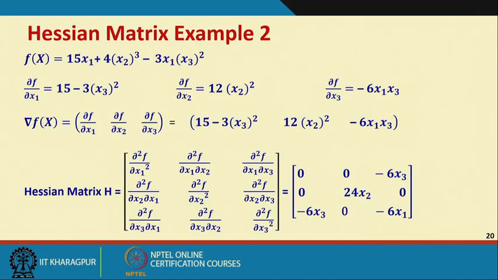The Hessian matrix is a matrix of second order partial derivatives in a particular form, and the Hessian matrix has a very important significance. And what is that significance in terms of nonlinear programming problems? We must understand that.